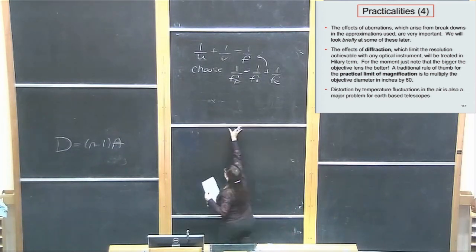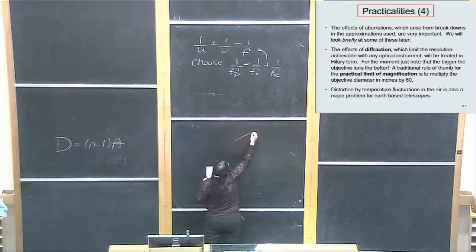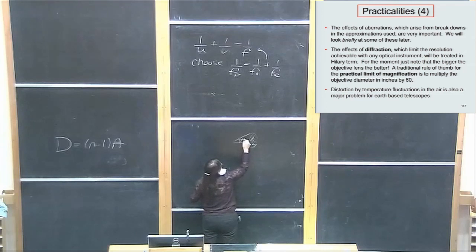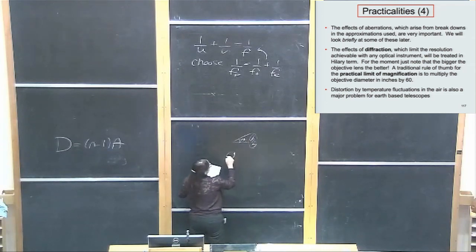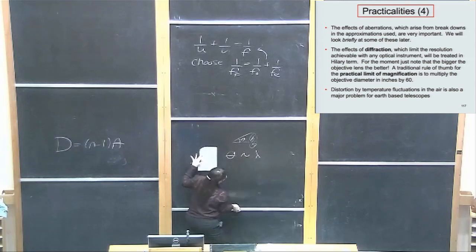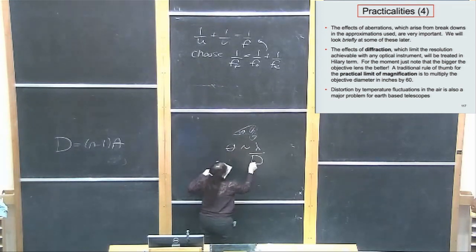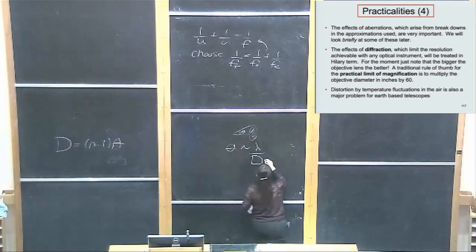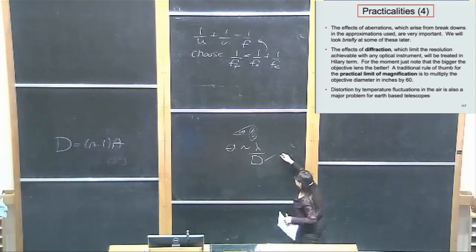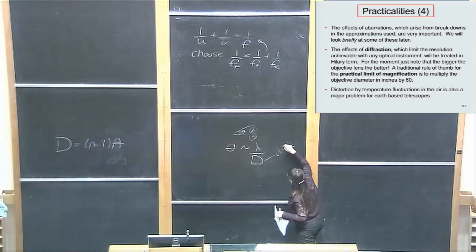Instead of a point-like image, you'll get some sort of spread out spot, with an angular size, I'll just call it theta for now, that goes like lambda over d, where d again is the size of your aperture, so it's the objective lens in the context that we're talking about here. So once again, I'm returning to this.